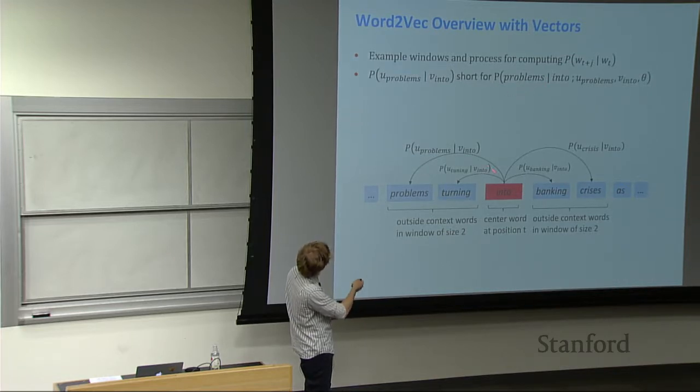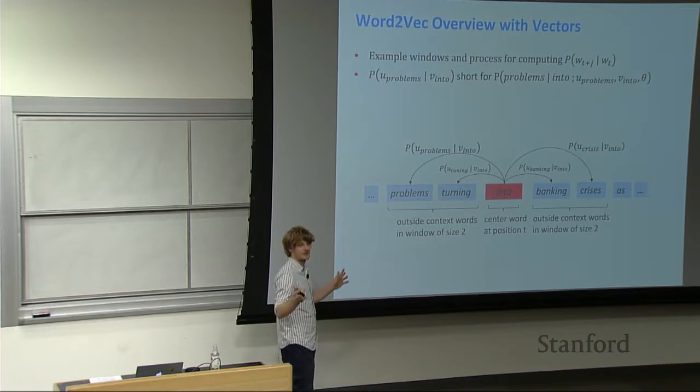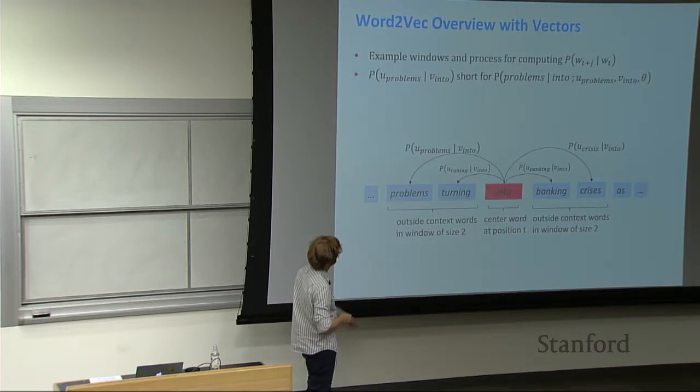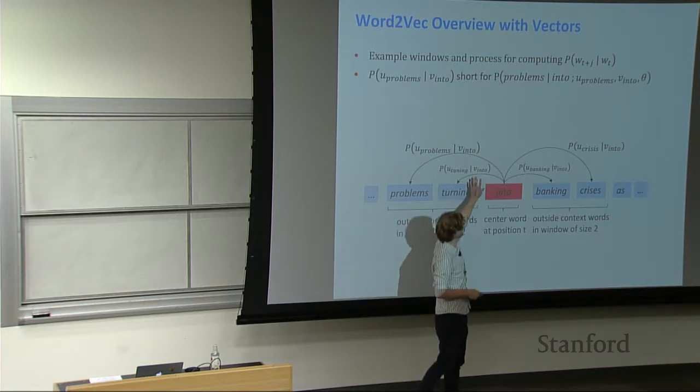For instance, in the first step here, "problems": we want to maximize the probability that "problems" appears as a word in this context around the center word "into," and theta is the list of all the parameters that our model has. Two of those parameters are the vector u for "problems" and the vector v for "into," because "into" is the center word.